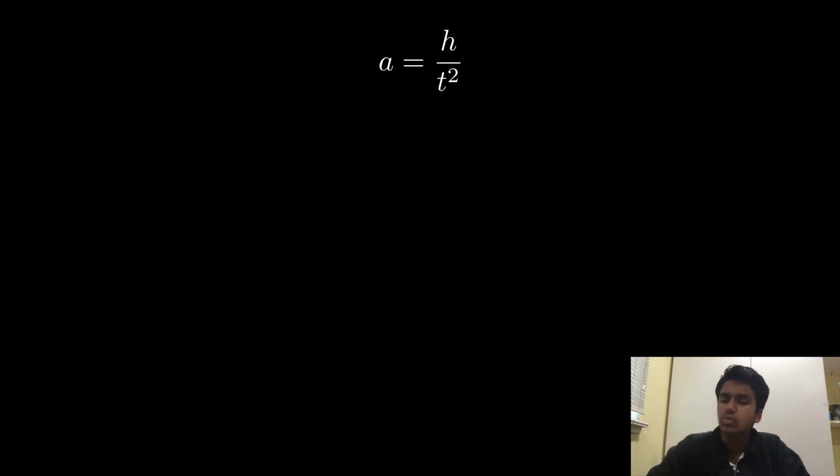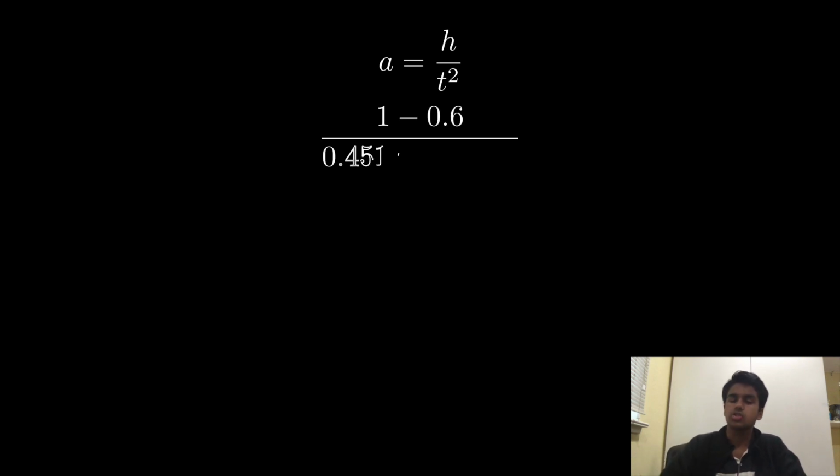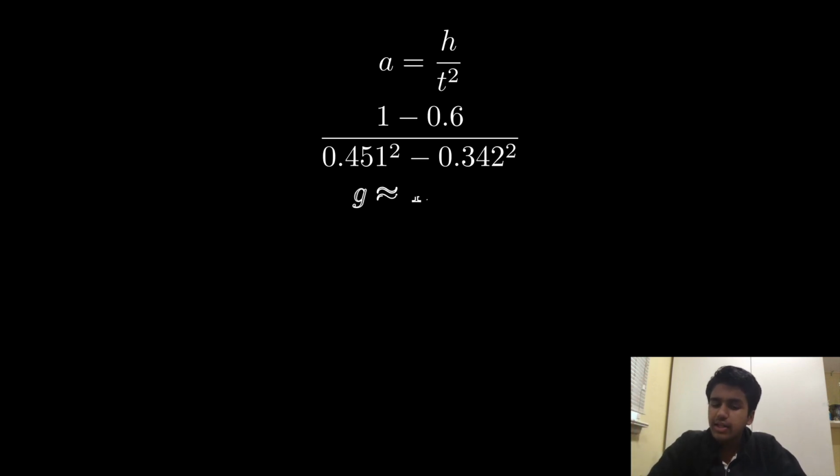In part D, we want to find the value of g using the slope of this graph. We know that a is related to h over t squared, so let's use two data points. Let's use the data point 0.451 squared, comma 1, and 0.312 squared, comma 0.6. If we find the slope between these two data points, we find that it is approximately 4.6276.